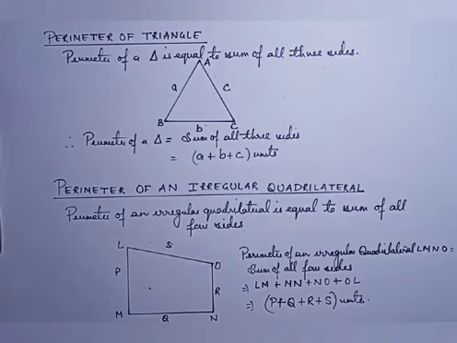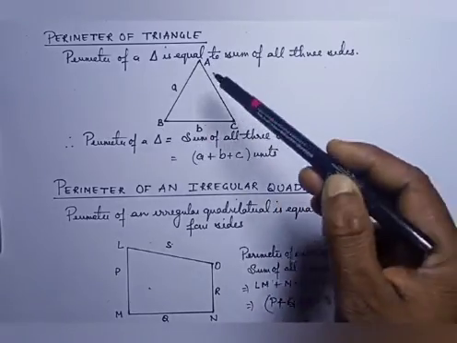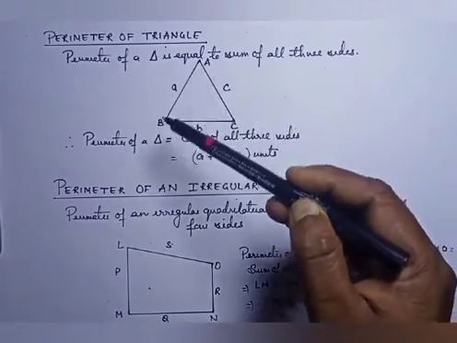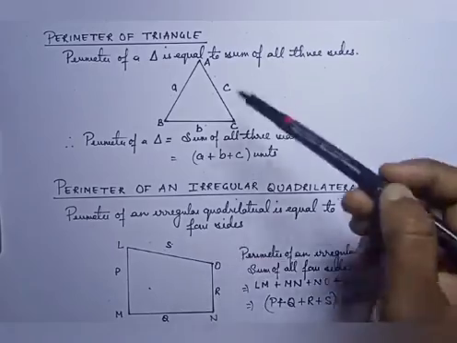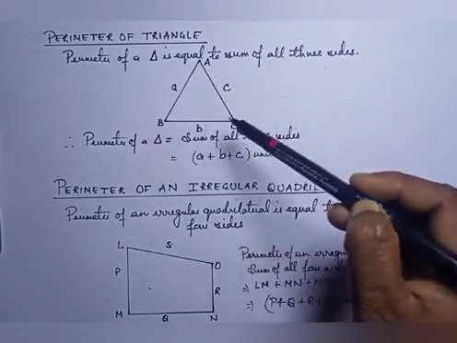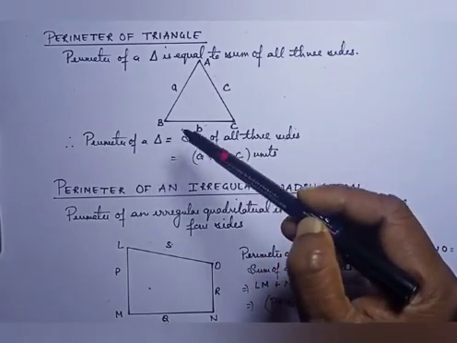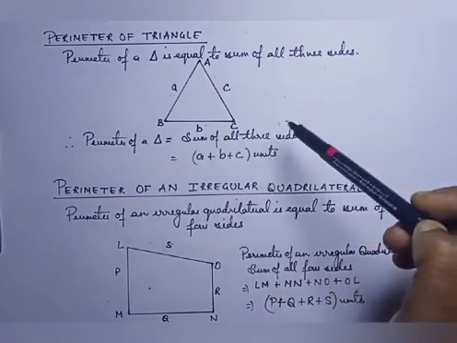Let us move to another topic, that is perimeter of a triangle. A perimeter of a triangle is equal to the sum of all three sides. As we all know that a triangle is having three sides, A, B and C. So if we are going to add all the three sides, then we are going to get the perimeter of a triangle. So the perimeter of a triangle can be taken out by the formula sum of all three sides.